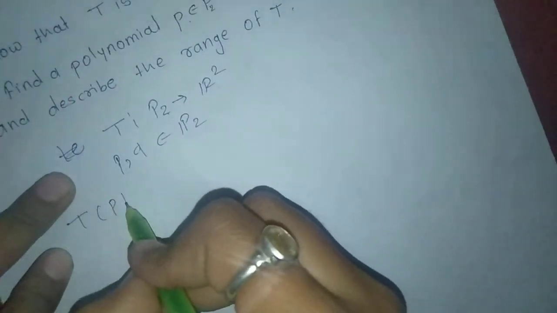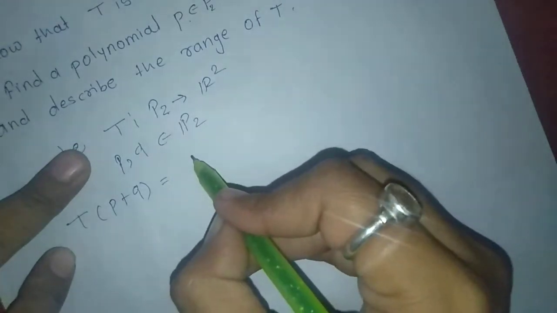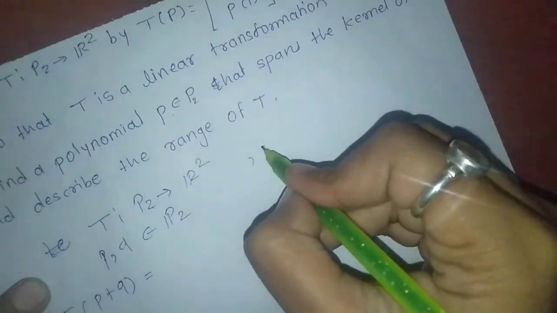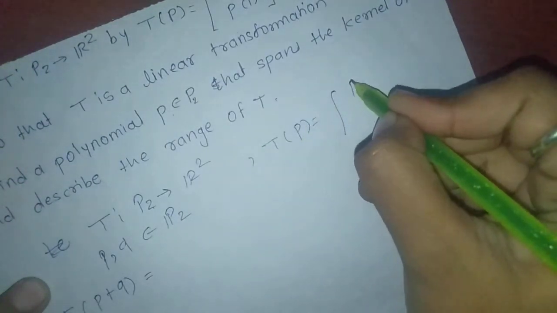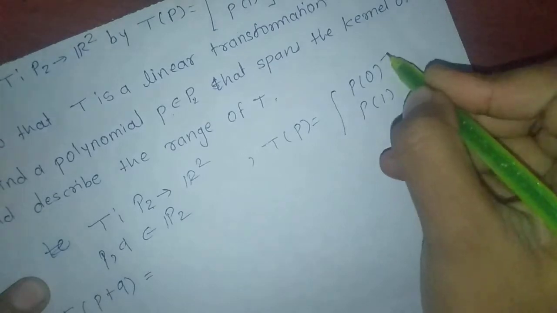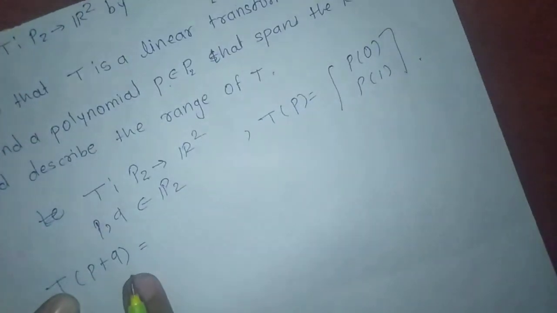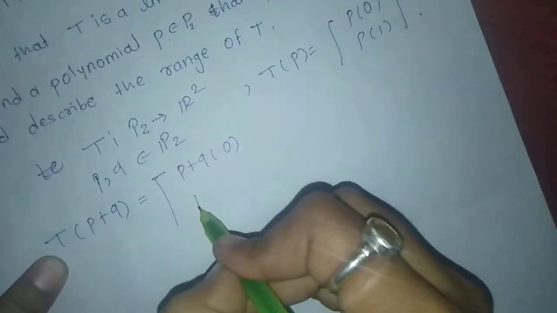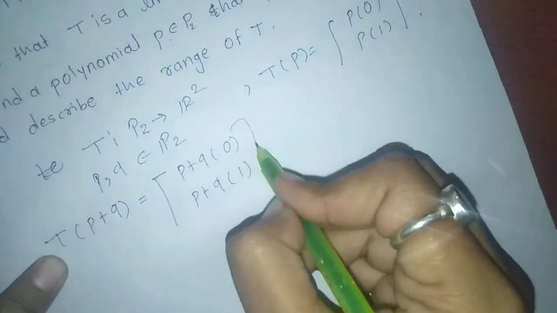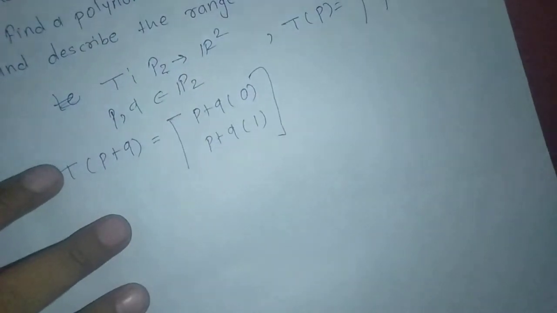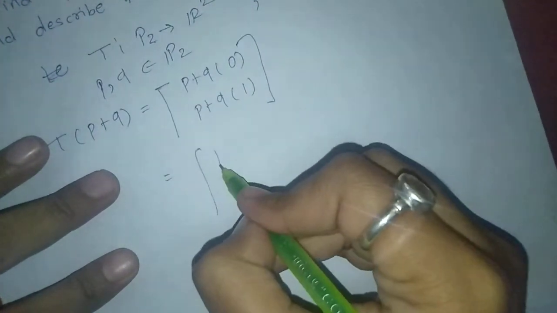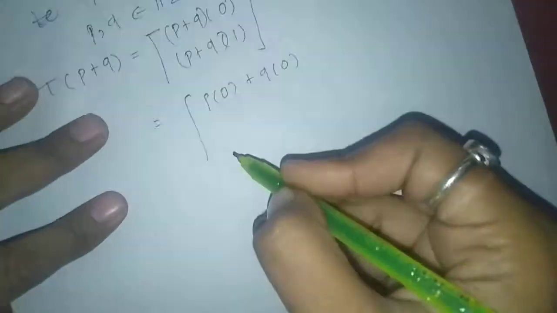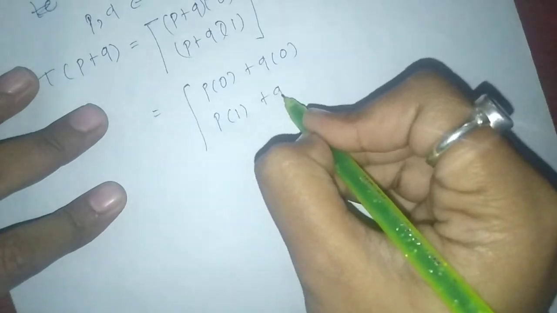Now T of P plus Q. T of P is (P of 0, P of 1). So T of P plus Q is ((P plus Q) of 0, (P plus Q) of 1), which is equal to (P of 0 plus Q of 0, P of 1 plus Q of 1).